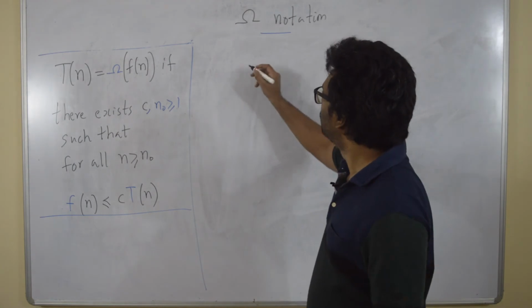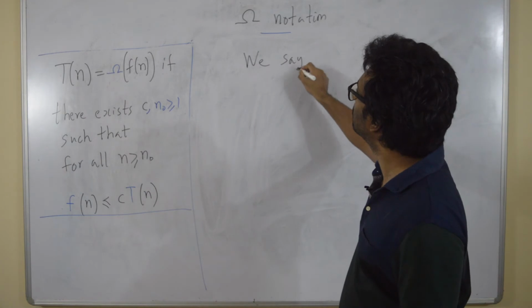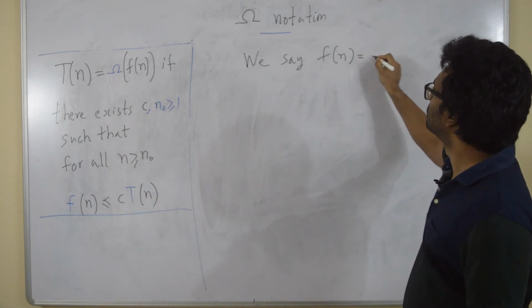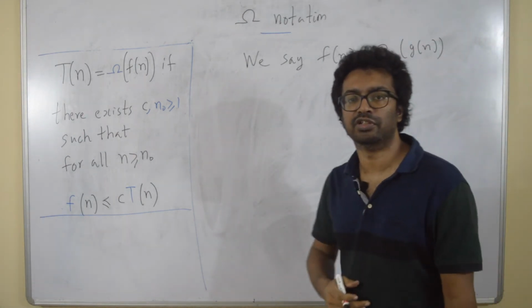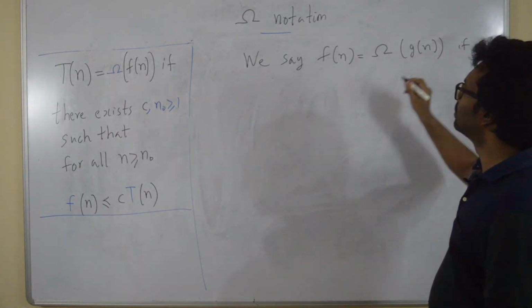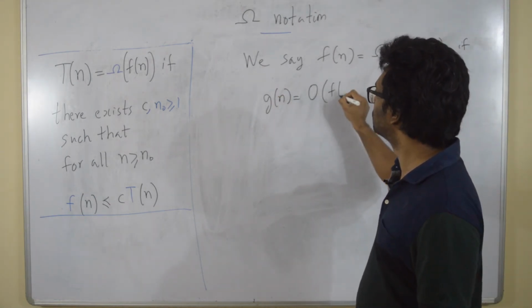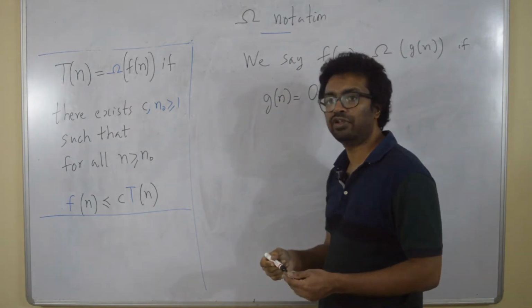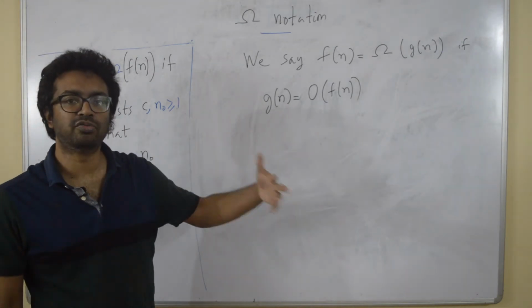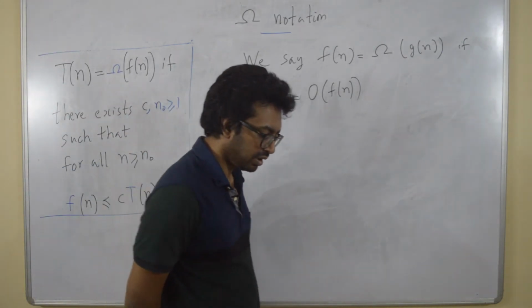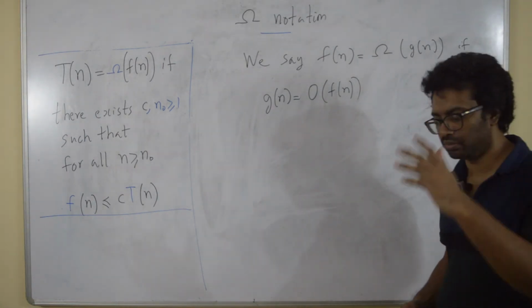We say f of n is equal to omega of g of n if g of n is equal to big O of f of n. That's all. It's very easy. So what are we trying to say conceptually?